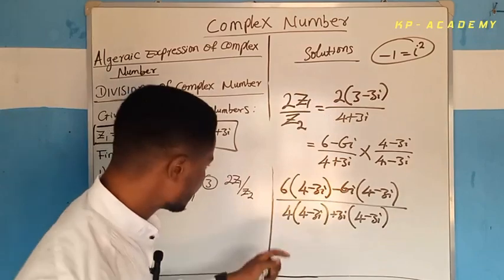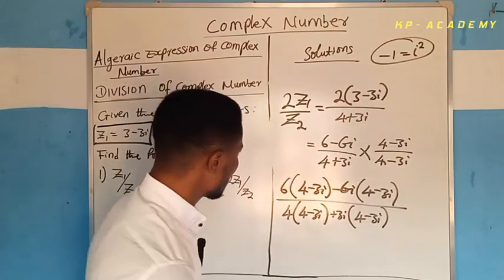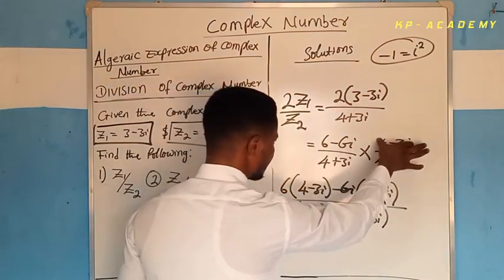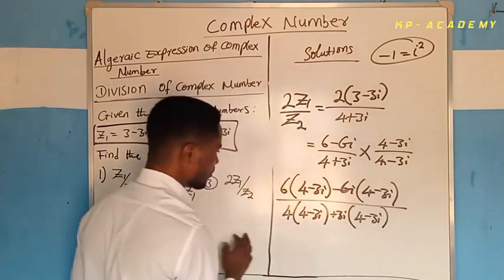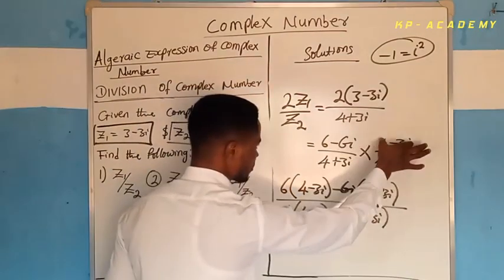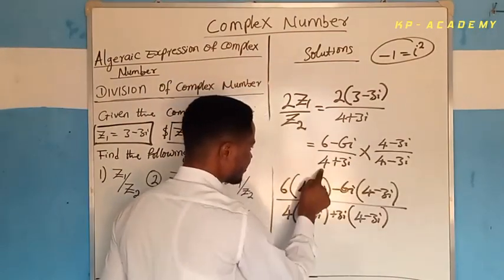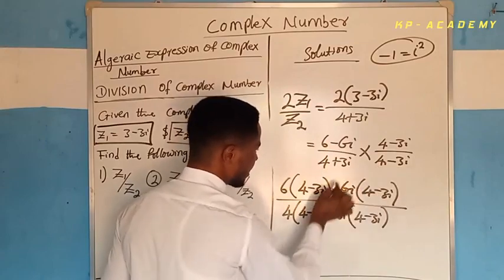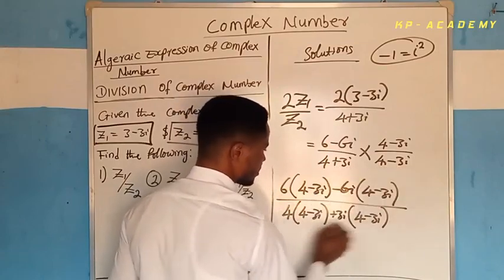Okay, I hope you understand this part now, because what actually happened here is that this 6 multiplies this numerator on this part now, and this minus 6i multiplies this again, which is this. This 4 multiplies this, which is this, and this plus 3i multiplies this, which is this.